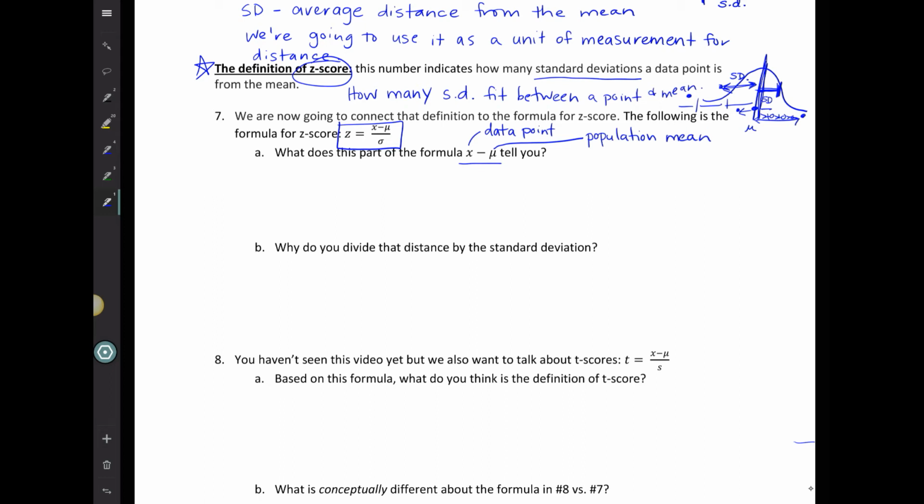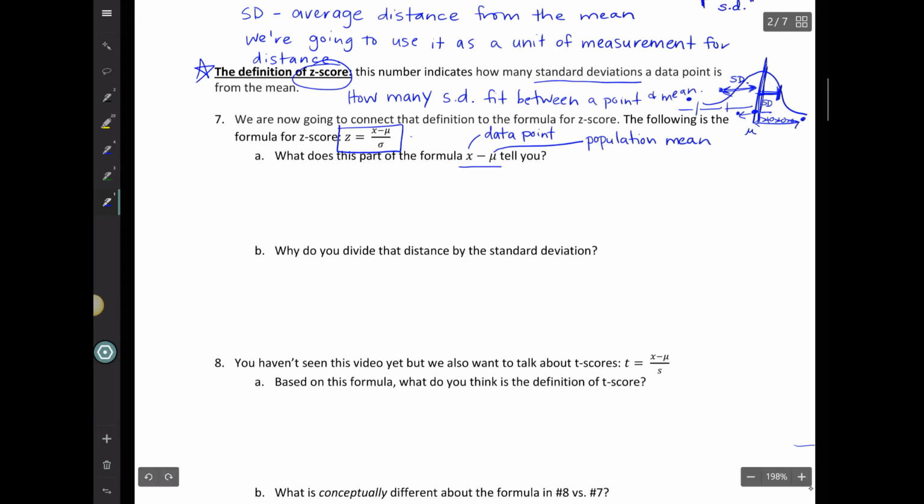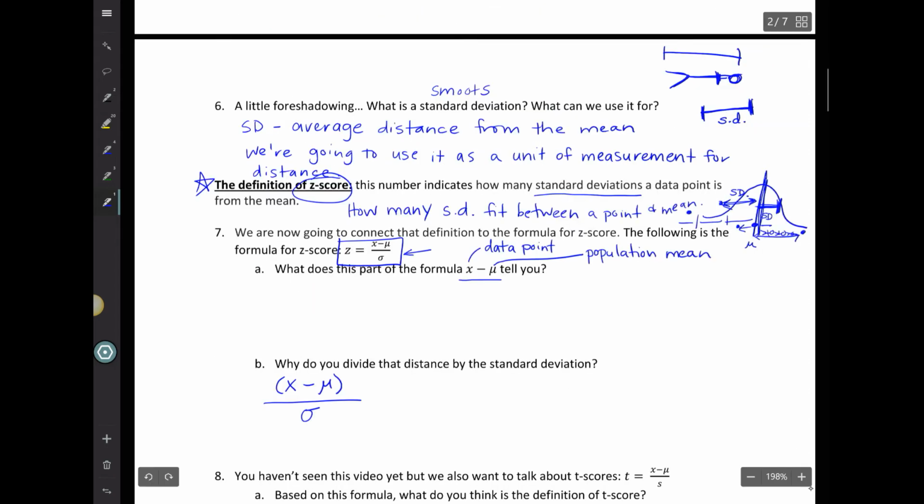And then consider the bottom of this z-score. Why are we taking this difference between a data point and the mean? We're finding a distance between some point and the mean. Why do we then divide it by standard deviation? What does that do for this part of the formula too?